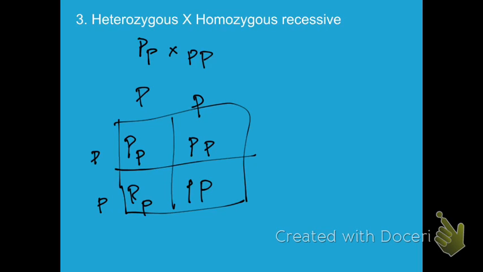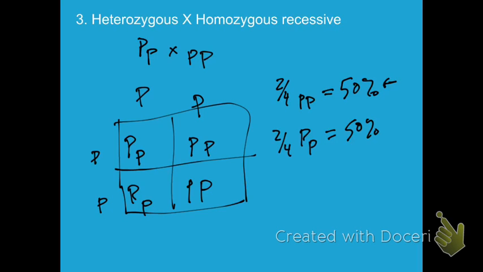What you'll see is 2 out of 4 is little p, little p. 2 out of 4 is big P, or heterozygous. So 50% and 50%. And then you also know that 50% will be white and 50% will be purple. Okay.